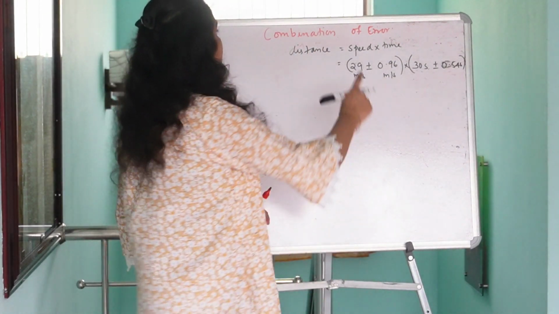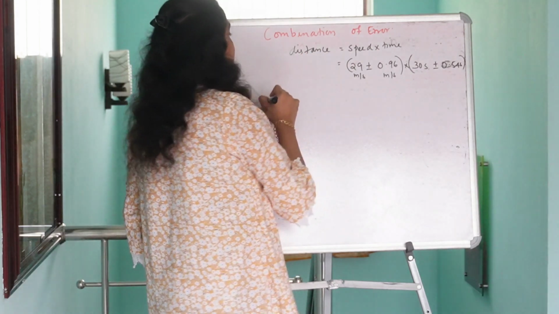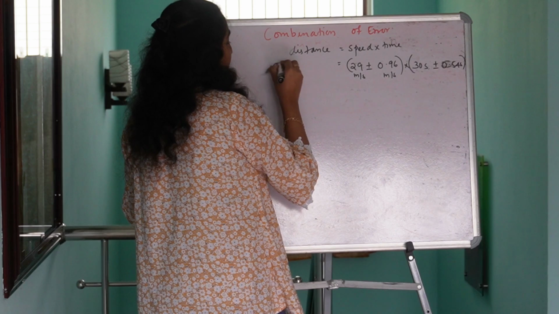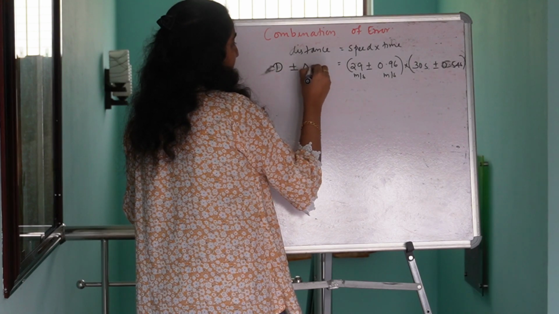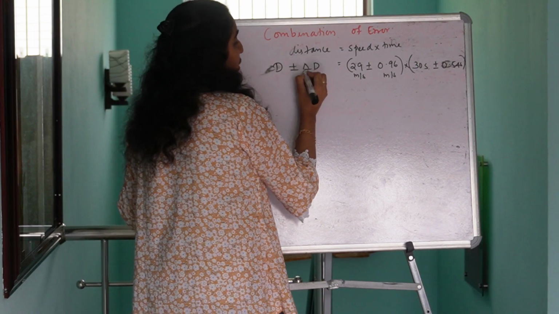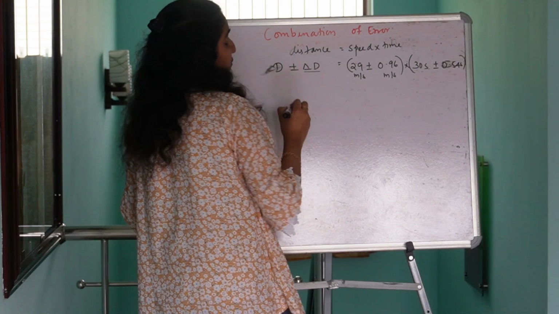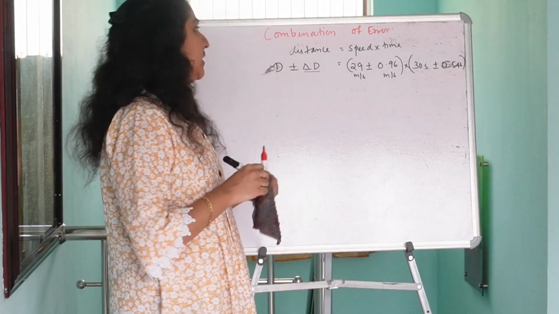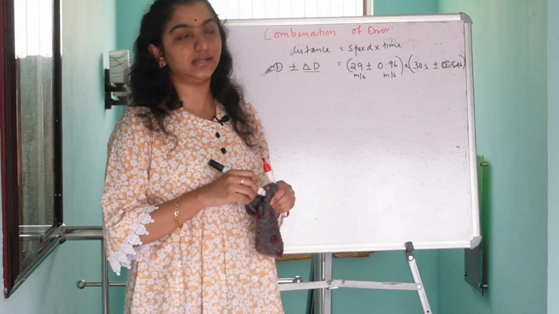Is it clear? Here you want to find the maximum possible error in the distance. Let the distance be d. You are asked to find the maximum possible value of del d. Is it clear? Yes.